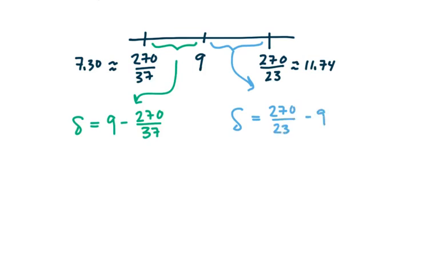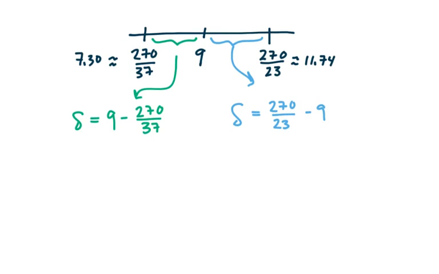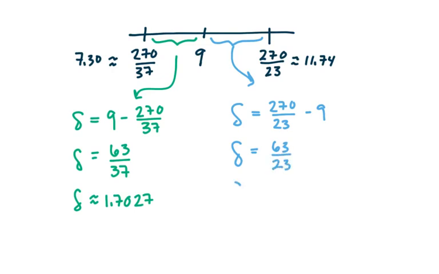We take the larger minus the smaller. So performing each of these subtractions, I have a delta over here on the left equals 63 over 37, which is approximately 1.7027, and my delta on the right is 63 over 23. And that delta value is approximately 2.739.